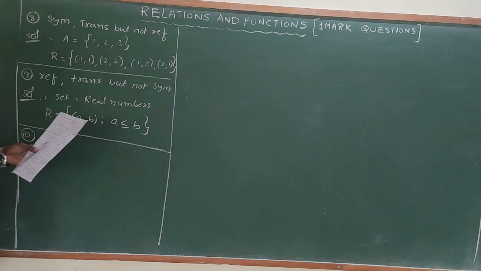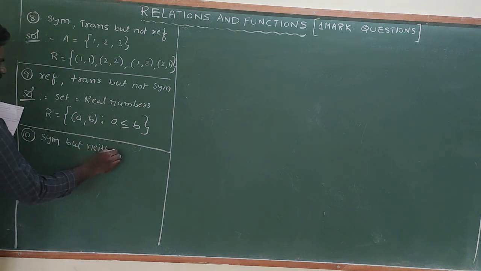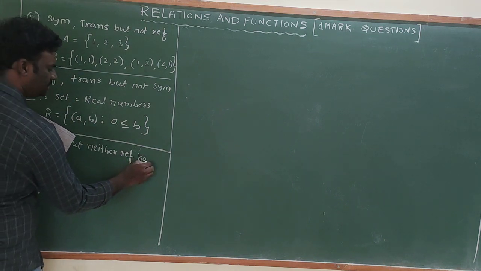Give an example of a relation which is symmetric but neither reflexive nor transitive.